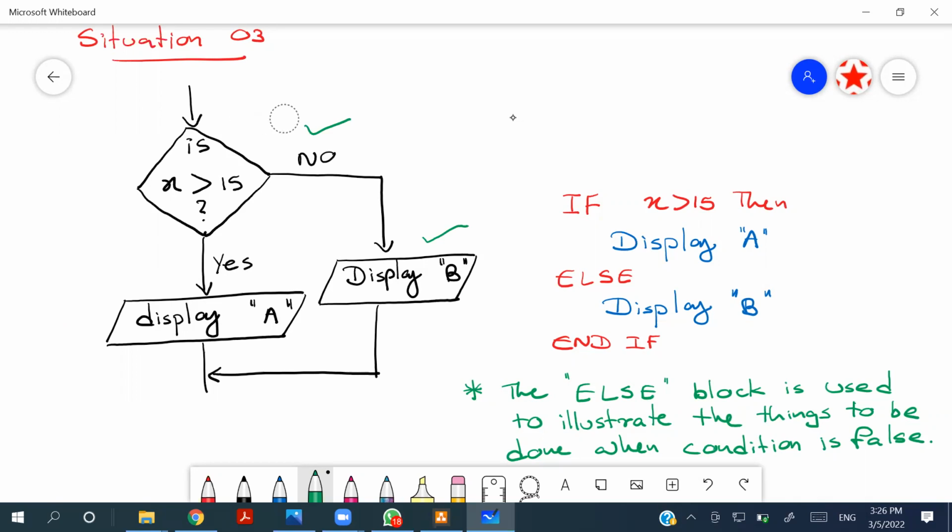All right. Is that clear, everyone? Why the else part is there? Right, great.